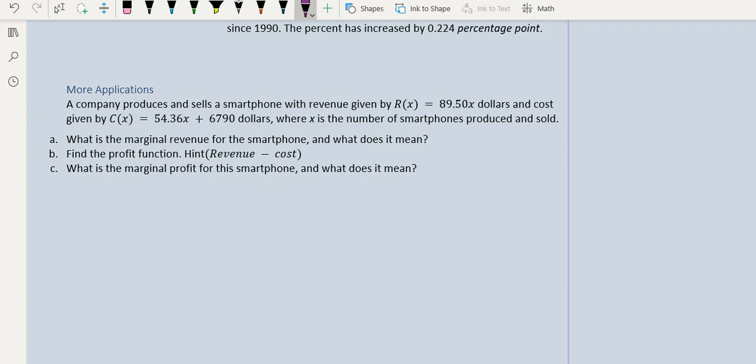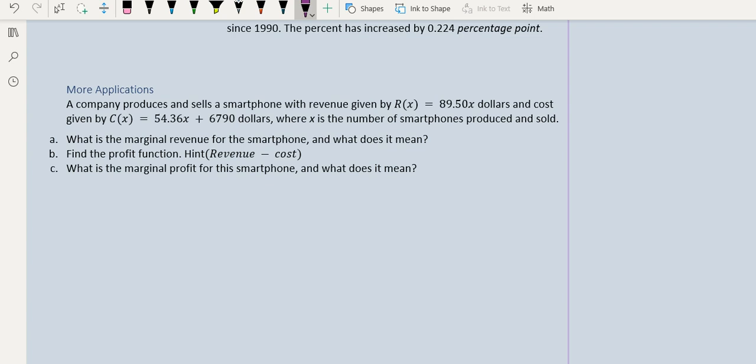So, what is the marginal revenue for the smartphone? What does it mean? That's our first question. Then our second question asks us, find the profit function. Then our third question asks us, what is the marginal profit for the smartphone and what does that mean?